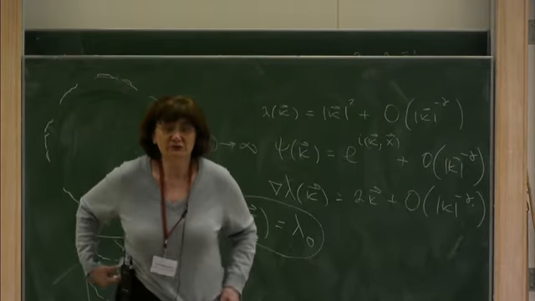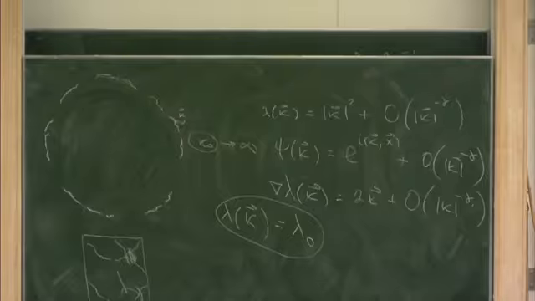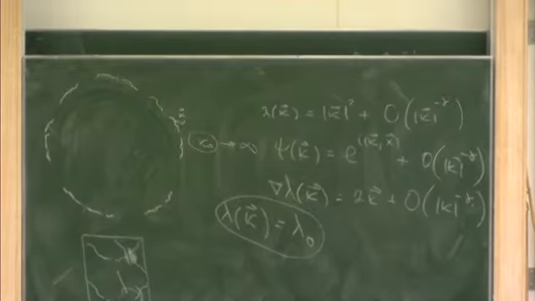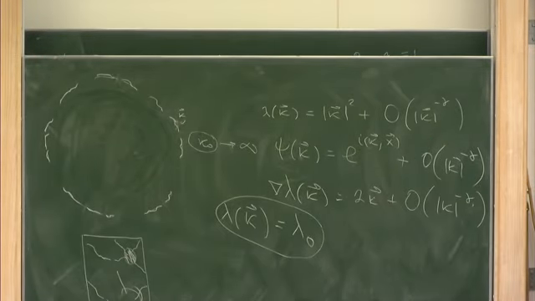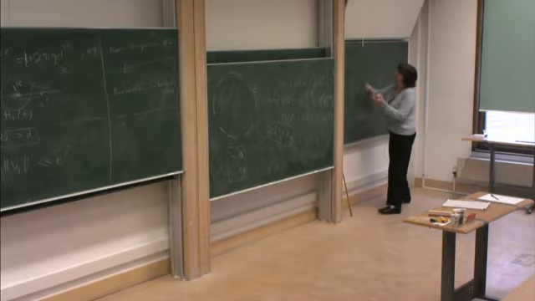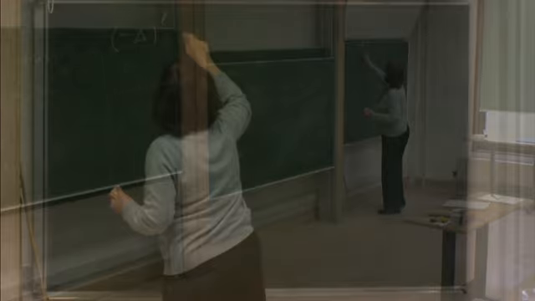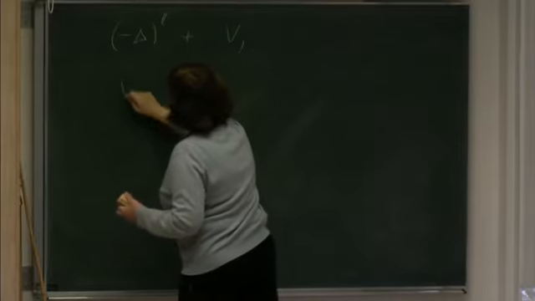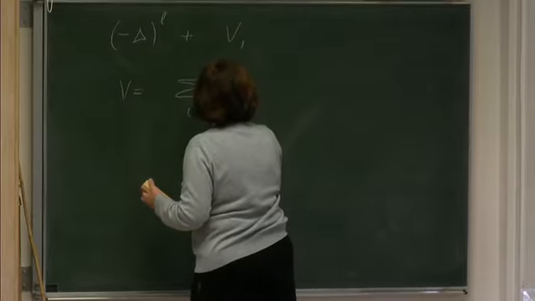But now, what happens if we try to consider limit periodic? What do I mean by limit periodic potential? Let me erase it here. So limit periodic: again minus Laplacian plus V, and V will be a sum of V_i, i from 1 to infinity.